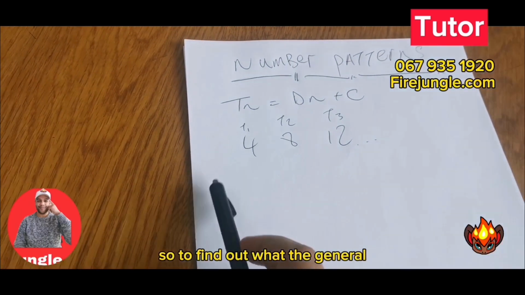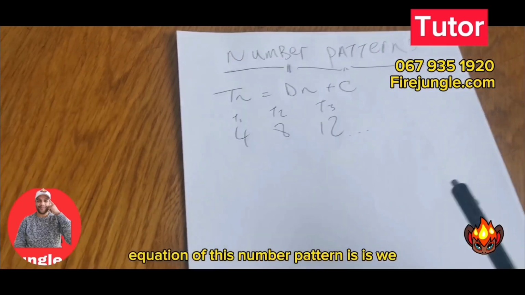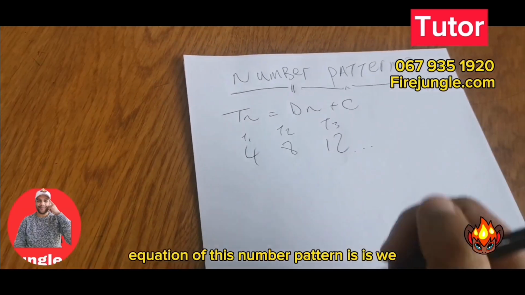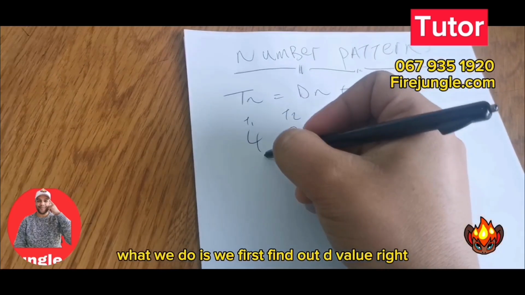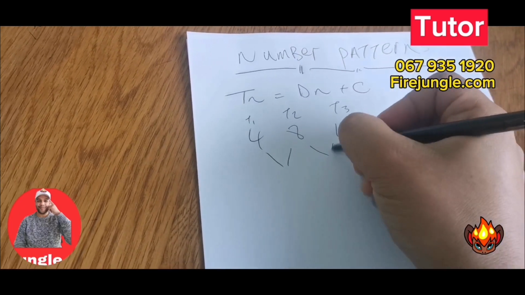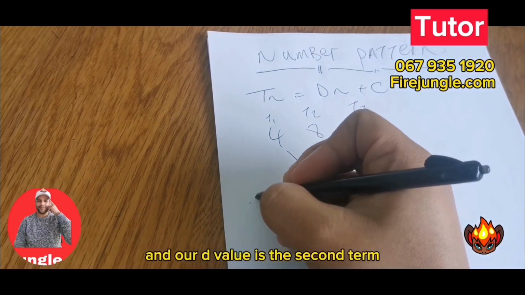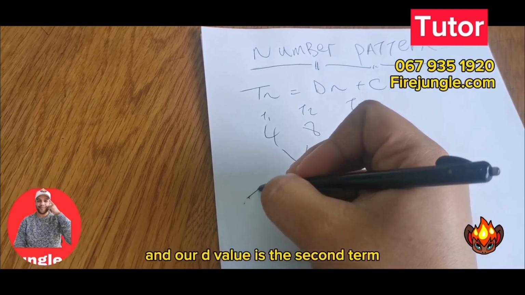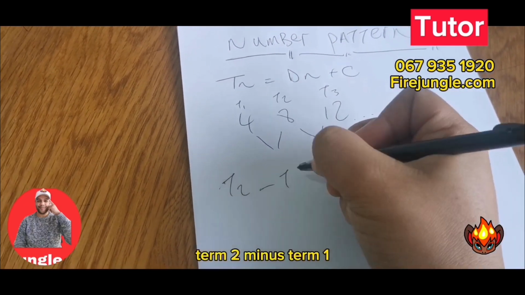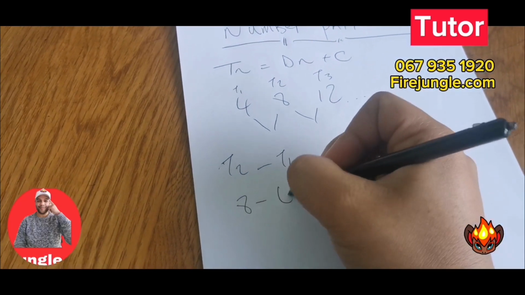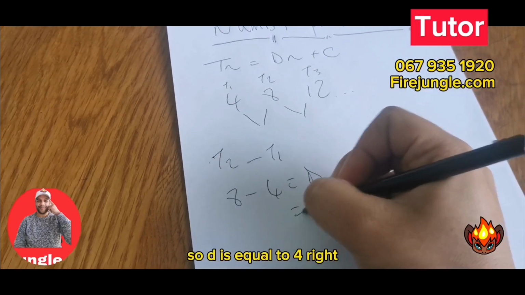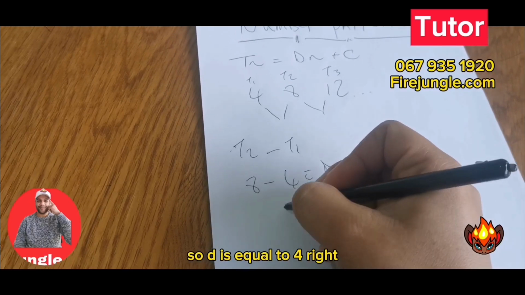To find the general equation of this number pattern, we first find our D value. Our D value is term 2 minus term 1. So 8 minus 4 is equal to D, so D is equal to 4.